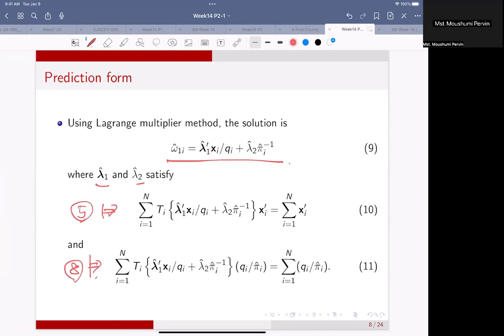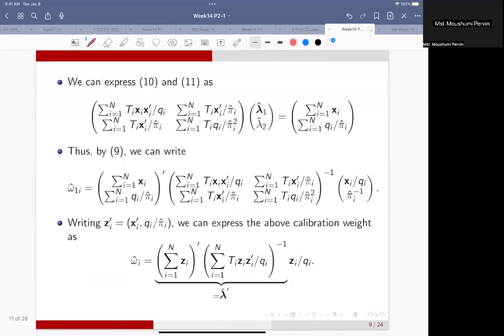And then once you write it down that way, you can take a look at the nature of this equation. In terms of lambda 1 and lambda 2, it is a system of linear equations. So you know how to solve it, right? This is just a linear equation. Then you can use matrix algebra.